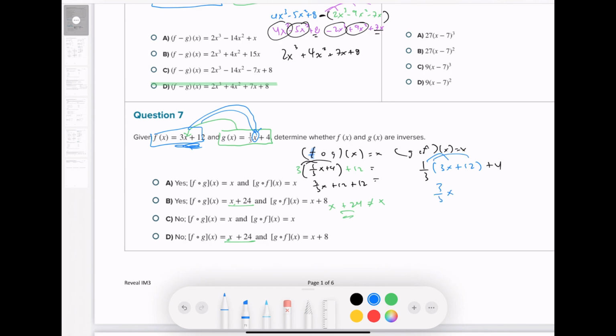Distribute 3 over 3x plus 12 over 3 plus 4. We're hoping that it equals x. Gonna get x plus 8. And is that not equal to x? So answer is going to be D.